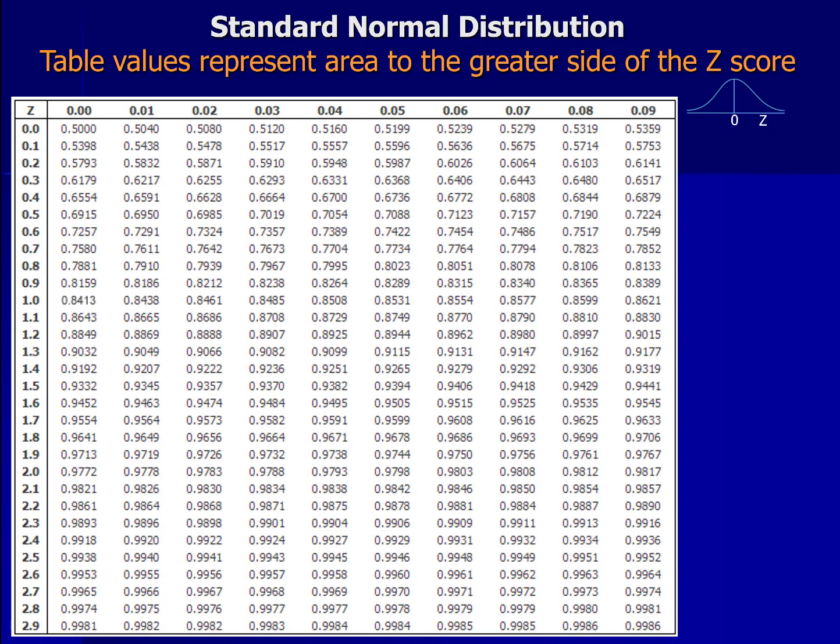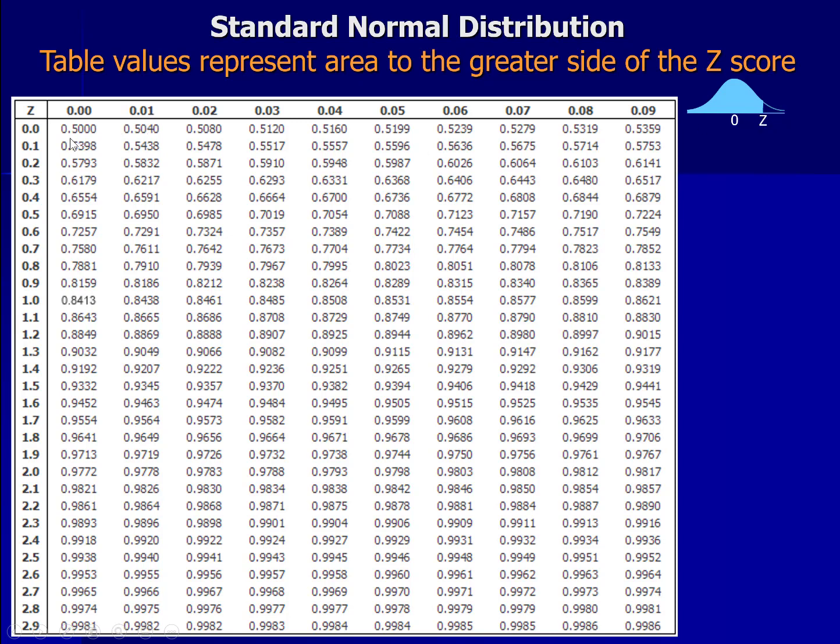This is the former lesson of statistics, where the student or researcher needs to use the back of the statistics textbook to find the probability using the table's values. For example, the value in the table represents the area to the greater side of the z-score, from here to z.